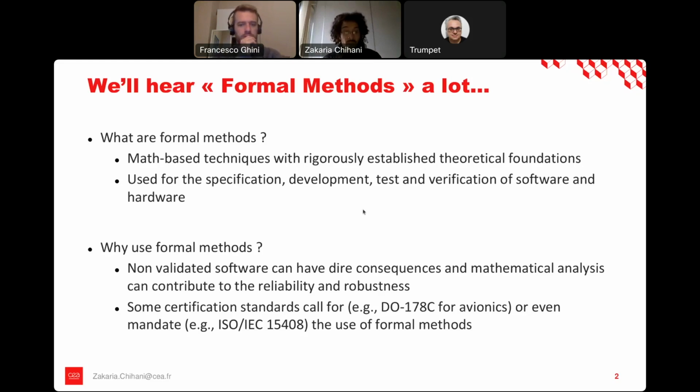And the reason we use them is obviously because non-validated software can have very dire consequences when there's a bug that can cause a malfunction in a critical software, for example. And this is why more and more standards are calling for or even mandating the use of formal methods in the validation of software.